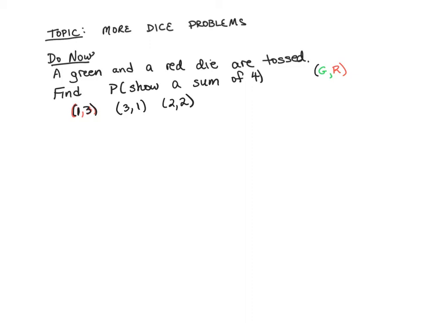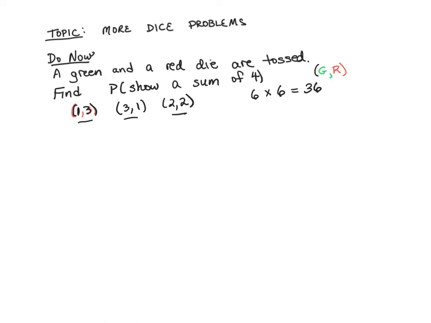possible outcomes are there? Well, in our previous video, we know that there's 6 possible outcomes for the first green die and 6 possible outcomes for the red die, and by the counting principle, there are 36 outcomes. So we have 3 possibilities here out of 36.